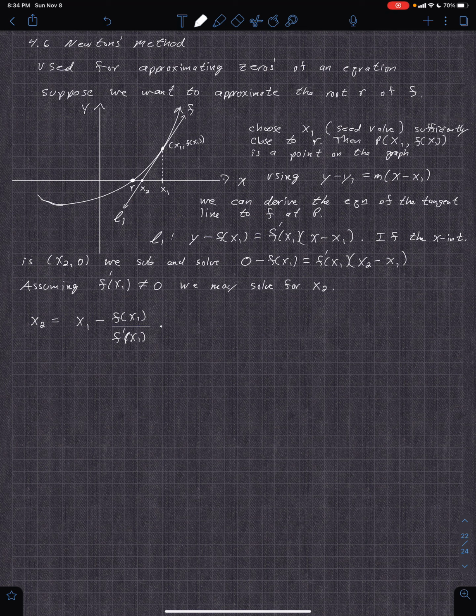Okay, so we use x2 as the next approximation for the root r. And you apply the same process.